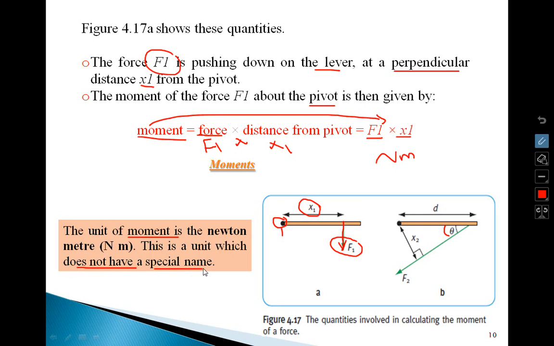No, it doesn't have any special or famous name. You can just say Newton meter or Newton centimeter. It could be meter, it could be centimeter, because it's force times distance, and distance could be in meter or centimeter.